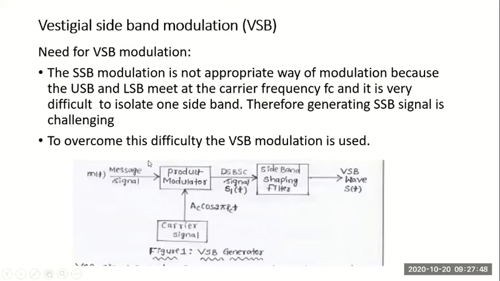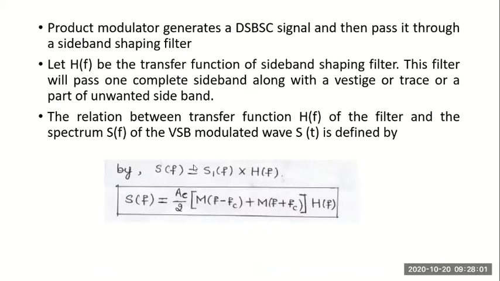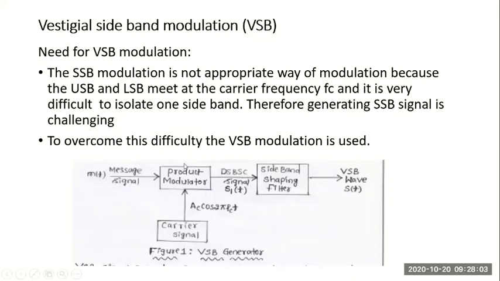Whenever you multiply message with carrier, you get m(t) into Ac cos 2 pi fc t, which is nothing but your double sideband suppressed carrier signal. We always generate DSB-SC by multiplying message with carrier.